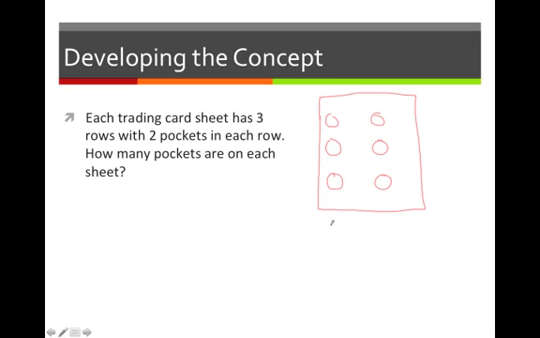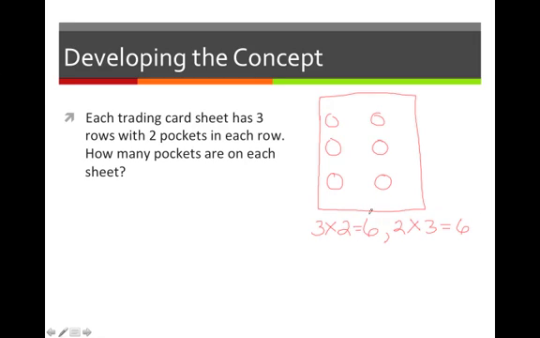So what would be the multiplication sentences that would represent this array? 3 rows and 2, and each one would mean a total of 6 pockets. Or 2 times 3 equals 6. Now, what would be the division sentences that would undo these multiplication sentences?